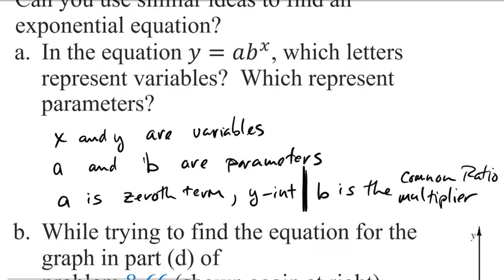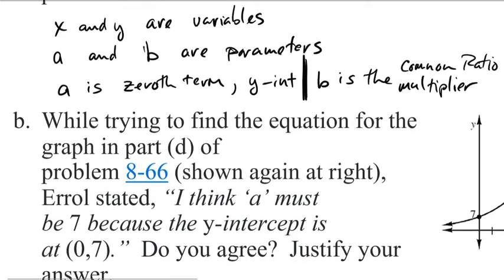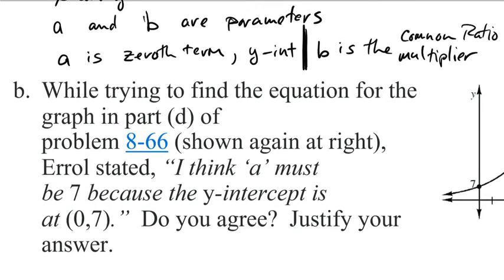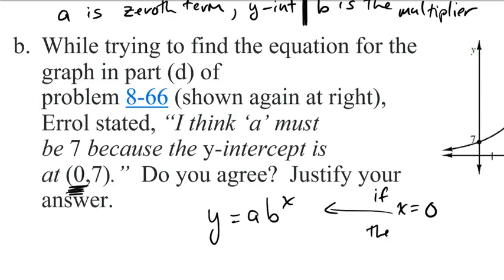While trying to find the equation for the graph in part A of problem 66, Errol stated, I think a must be 7 because the y-intercept is (0, 7). Do you agree? Justify your answer. Well, absolutely, because when I plug x equal to 0 into y equals a b to the x power, b to the x must become the number 1.